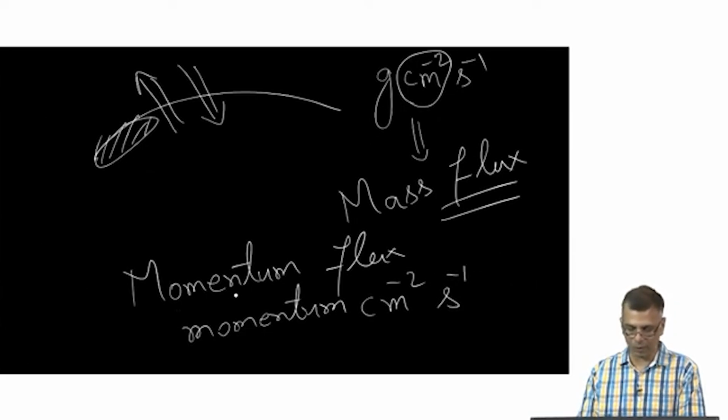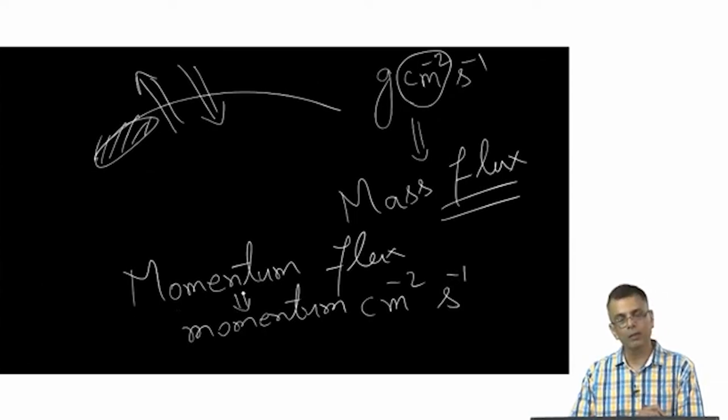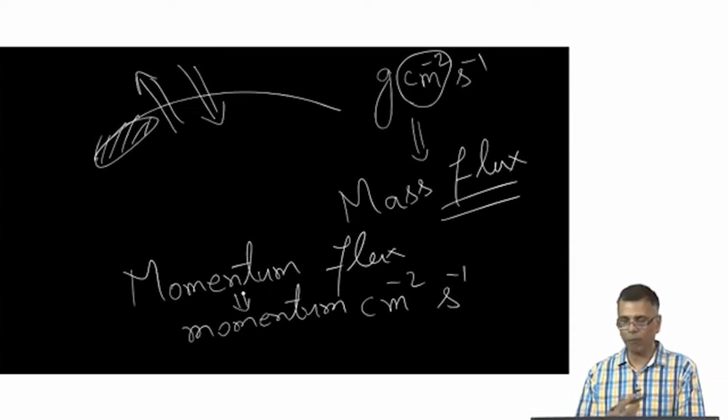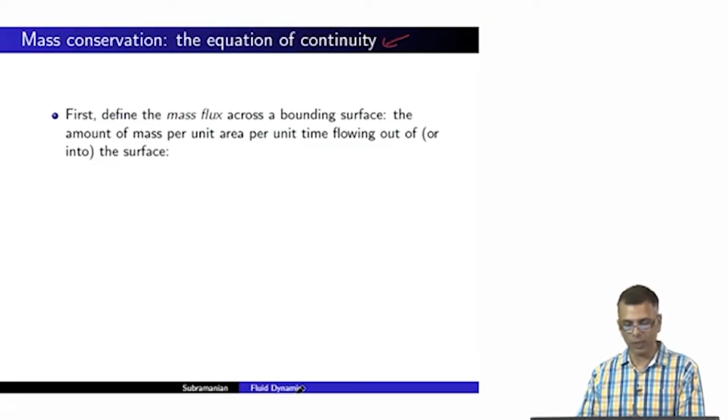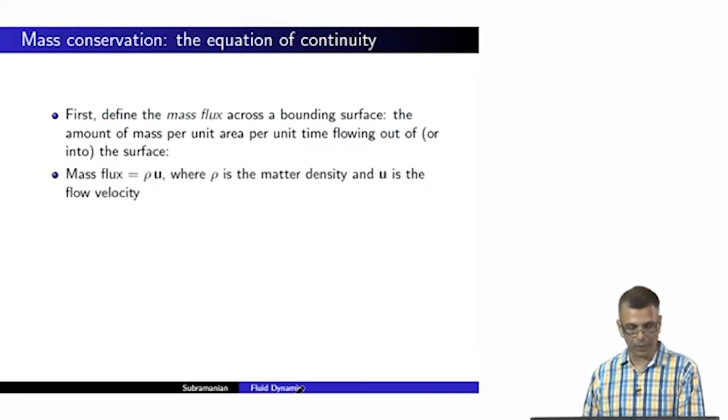This is momentum flux. So this concept of flux will keep coming back during our discussion, so I thought I would take a moment to introduce it, and we will do so once again as a need arises.